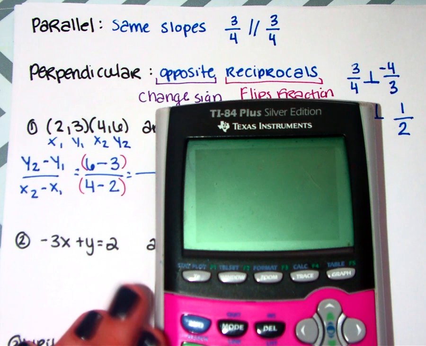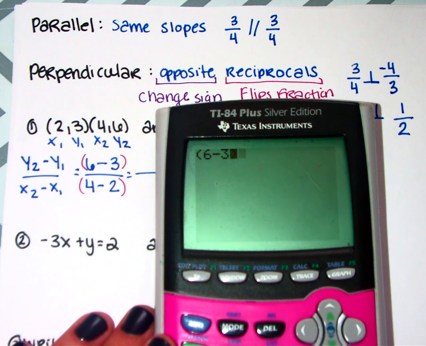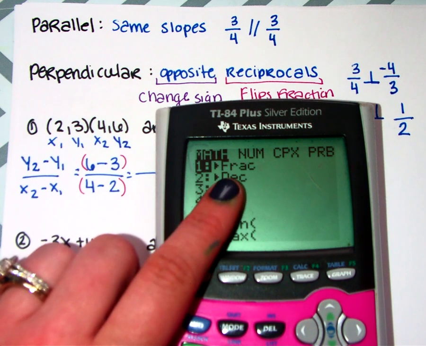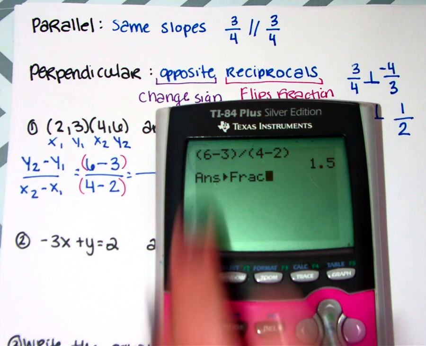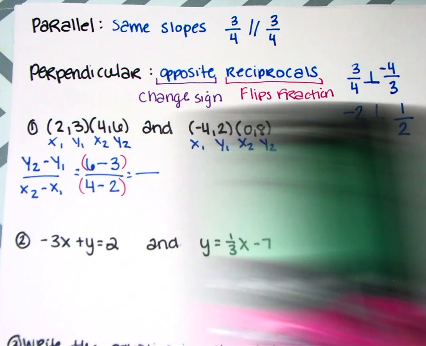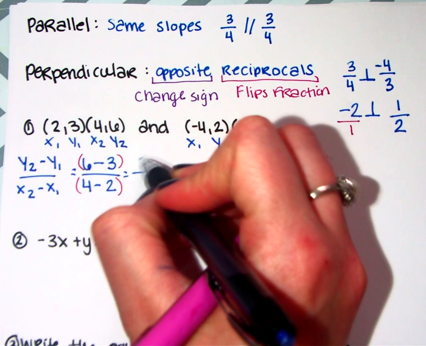I'll just retype it. 6 minus 3 divided by parenthesis 4 minus 2. I get a decimal. We want slope to always be a fraction, so I'm going to press math, option 1, enter. Change answer to fraction. Yes, so press enter again and you get 3/2. So your new slope is 3/2.